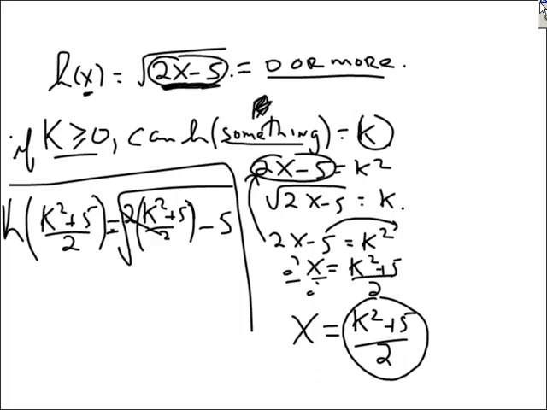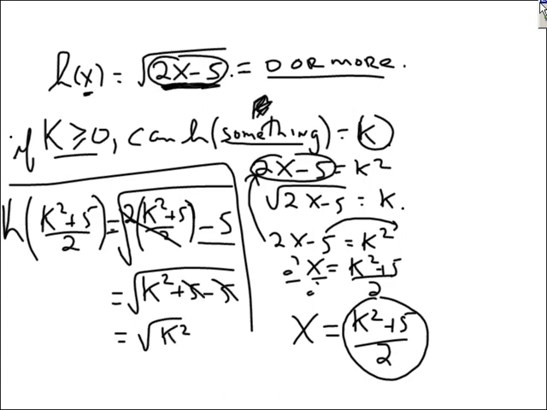The doubling kills off the 2 in the bottom, so I'm left with k squared plus 5 minus 5 underneath the square root sign. But the 5's cancel, so I have the square root of k squared, which is k. That is, I found h of something that gave me back k. K is any number. No matter what k is, I can find what x should be so that h of that x value is k.